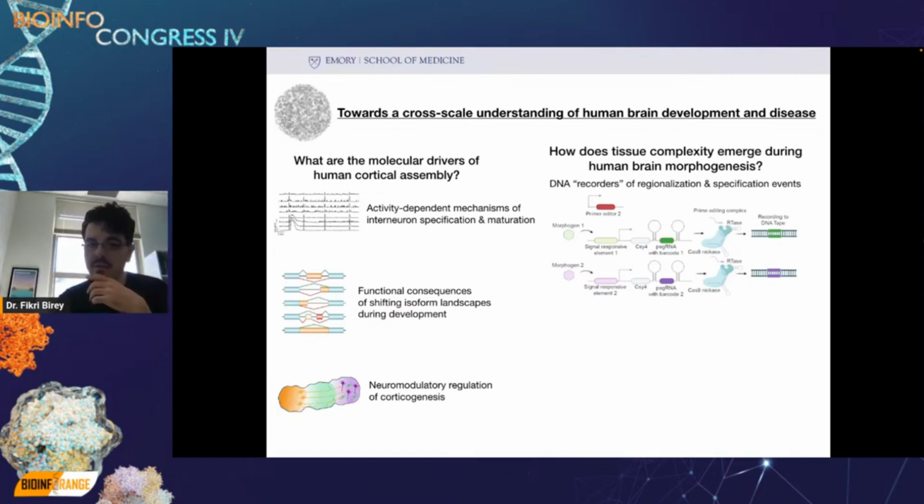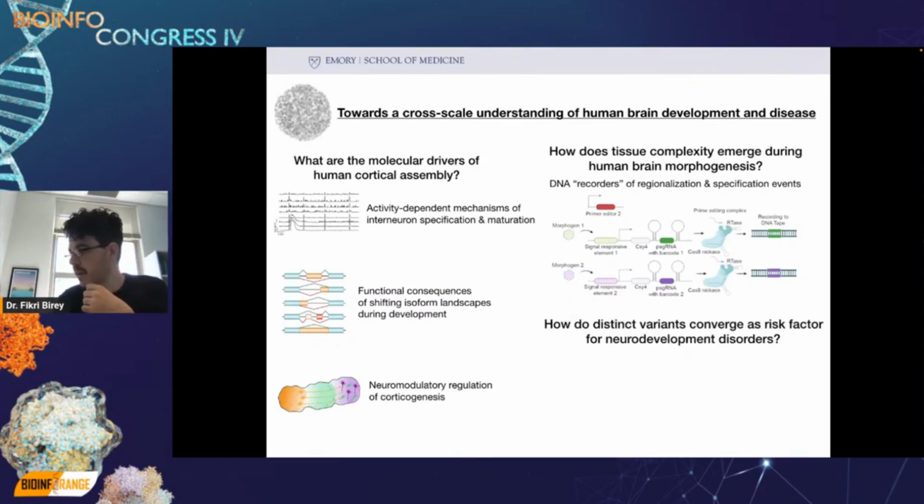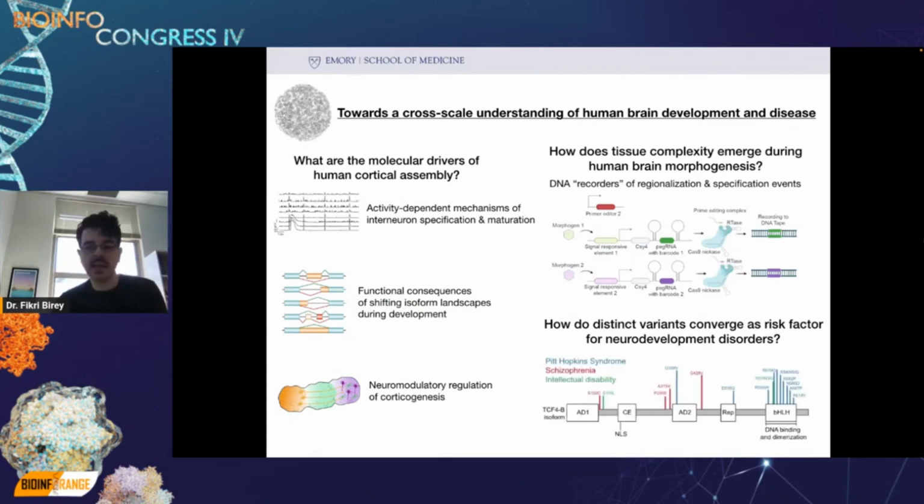So we're building and implementing a lot of CRISPR-related tools, and what I'm showing you here is a particularly interesting one where we're hoping to record temporally resolved dynamics of signaling as the cells are maturing and acquiring certain fates. So we're very excited about this new direction in the lab. And again, all of this is in service to understanding disease better.